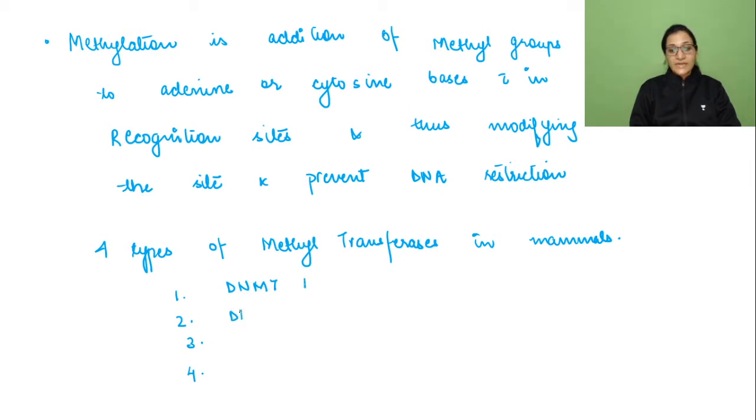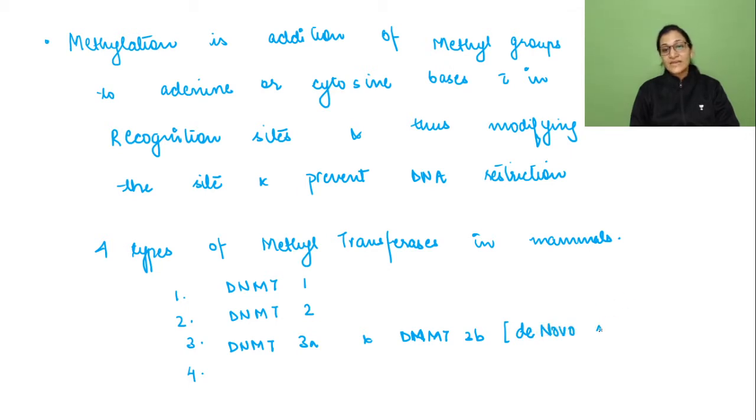Second is DNA methyl transferase type 2. Third is DNA methyl transferase 3A and DNA methyl transferase 3B, and this 3B is also called de novo methylases. Remember this, de novo methylases. Then the fourth one is DNA methyl transferase 3A.